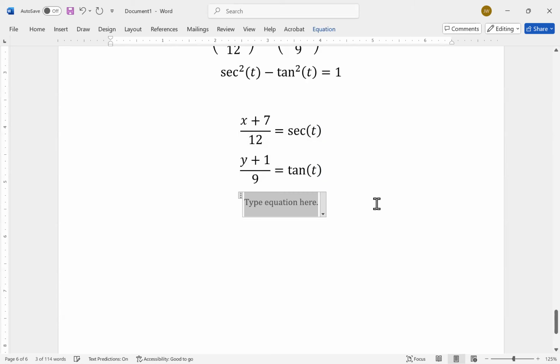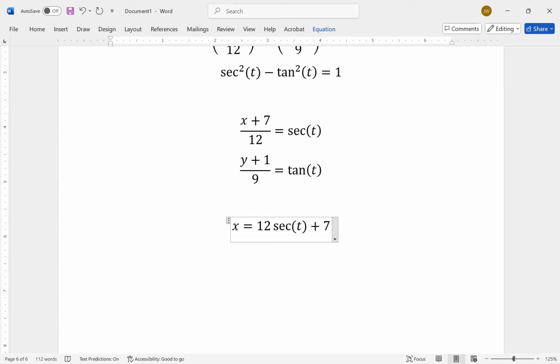So when I solve for x, I'd multiply by 12 and then subtract 7. That would give me x is equal to 12 times the secant of t plus 7. No, I'm sorry, minus 7. I'd have to subtract 7 from both sides.